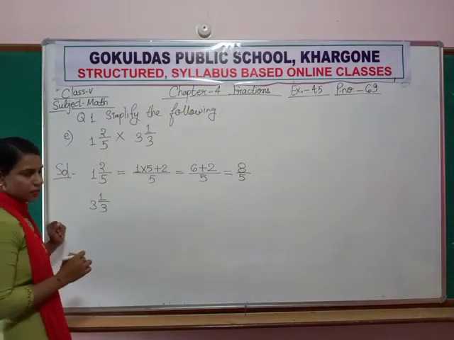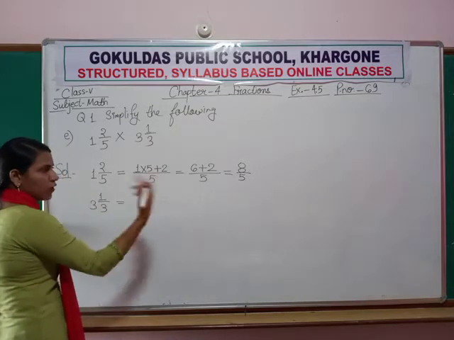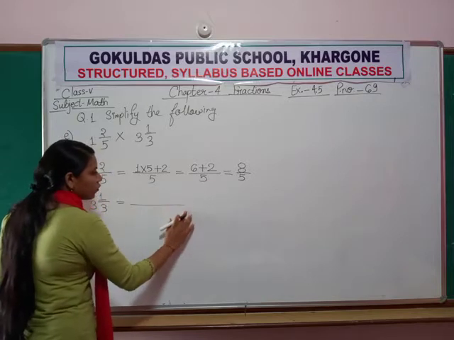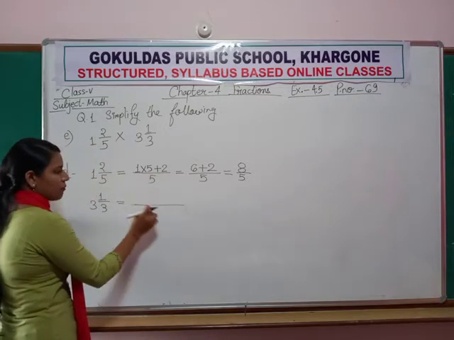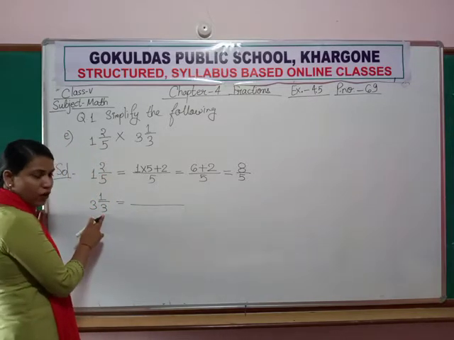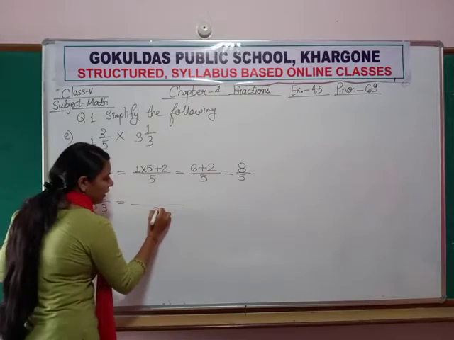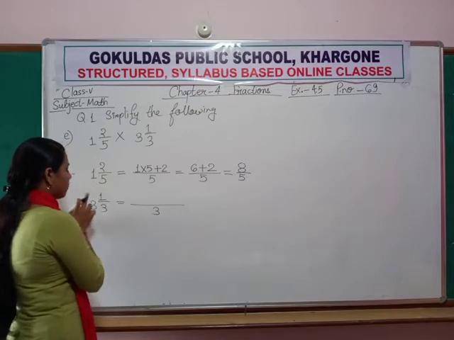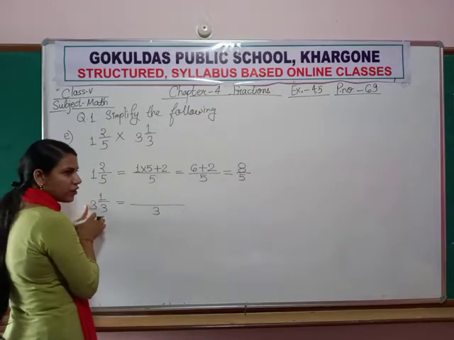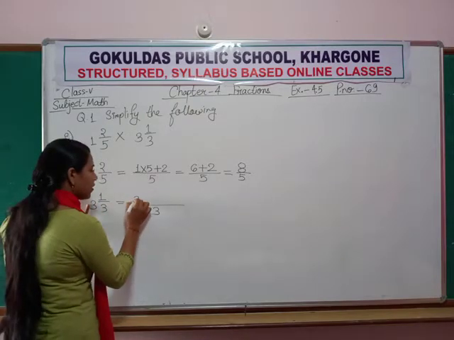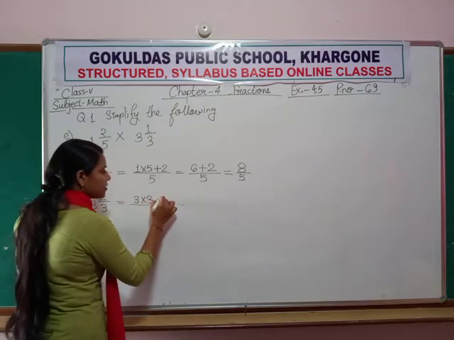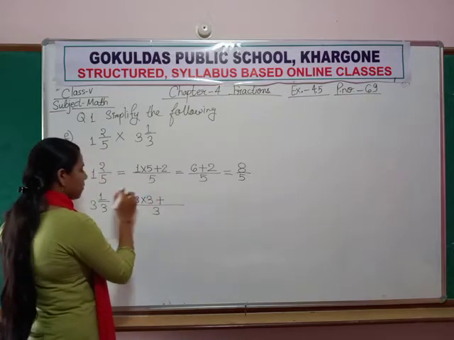Now the next number is 3 1/3. Let us convert it into an improper fraction. How do we convert it? We write the denominator as it is. Here the denominator of the fraction is 3, so we write 3. Now in the numerator part, we multiply the whole number with the denominator. Whole number is 3, multiplied with denominator 3, then plus numerator, which is 1.